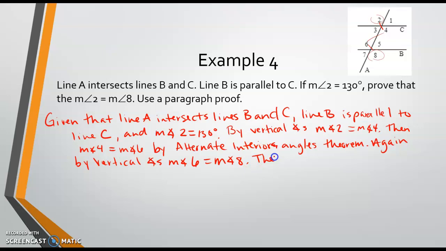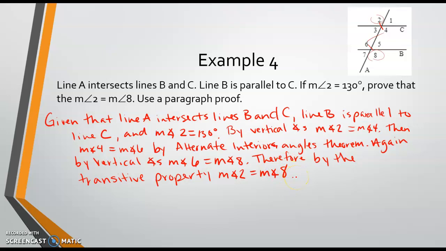So therefore, by the transitive property, and transitive property just means that, like I just said, we went from 2 is equal to 4, 4 is equal to 6, 6 is equal to 8. Because these middle ones are equal, then 2 is therefore equal to 8. So therefore, by the transitive property, the measure of angle 2 is equal to the measure of angle 8.